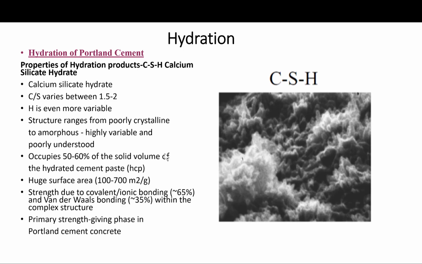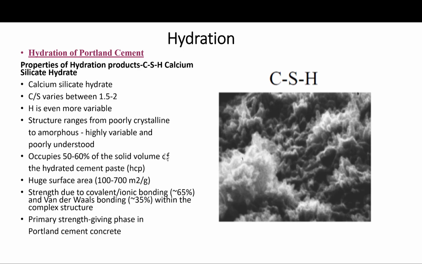Again, although the exact structure of the calcium silicate hydrate is not known, several models have been proposed to explain the properties of this material. The suggested models range from colloidal to layered structure.